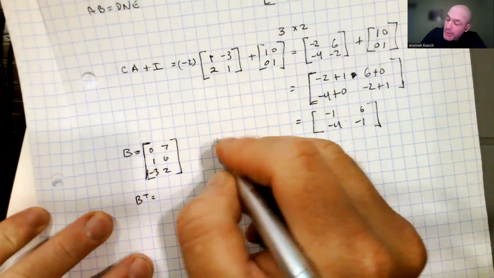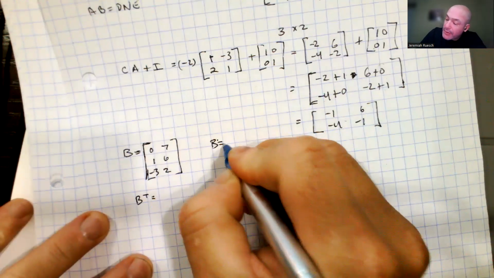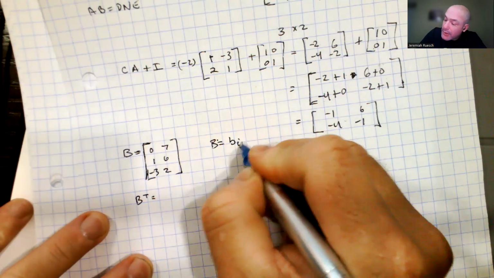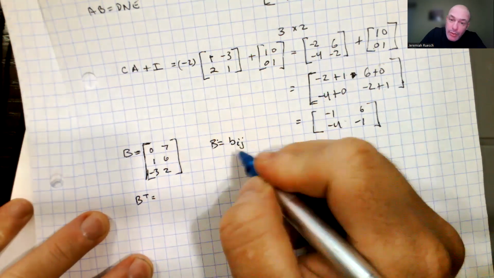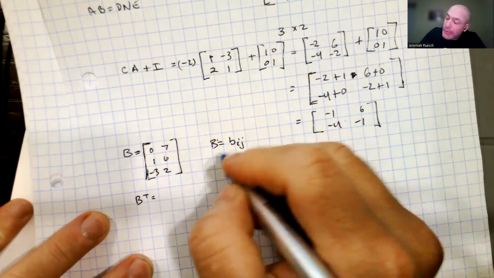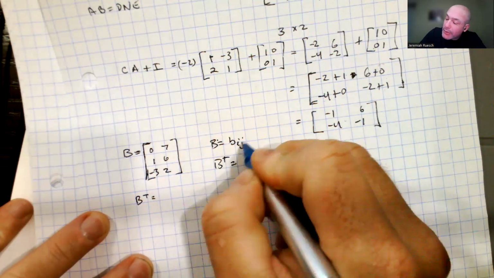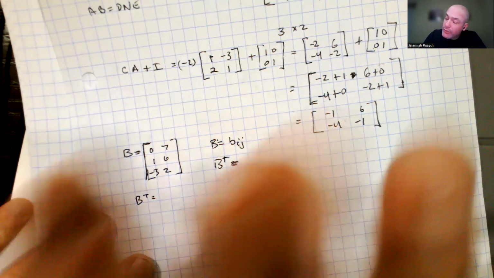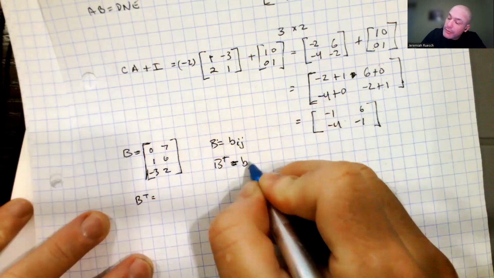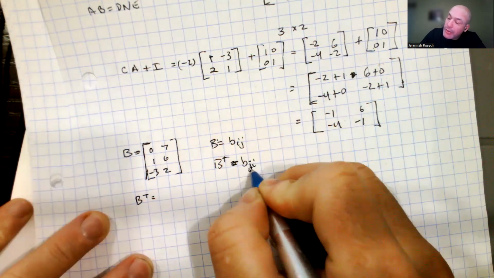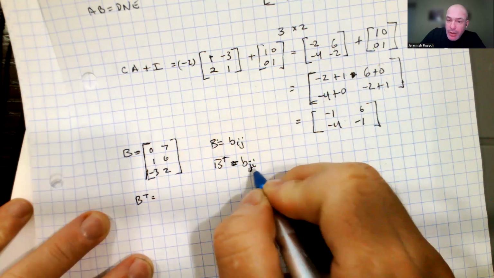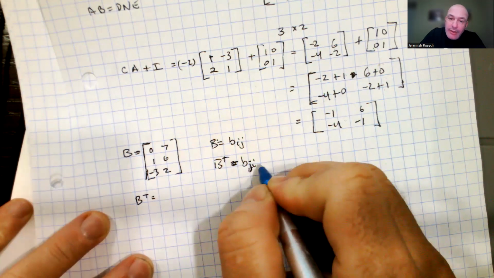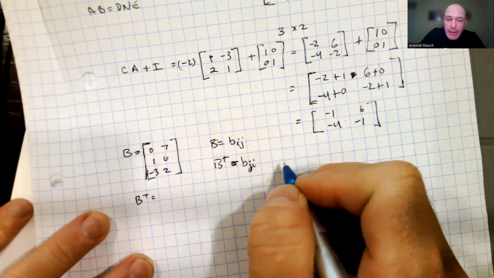Okay, so if we recall the definition, if B is equal to Bij, where i is the ith row and j is the jth column, then the transpose of B is going to switch the rows and columns. And so now each of the j columns become j rows, and each of the i rows become i columns.